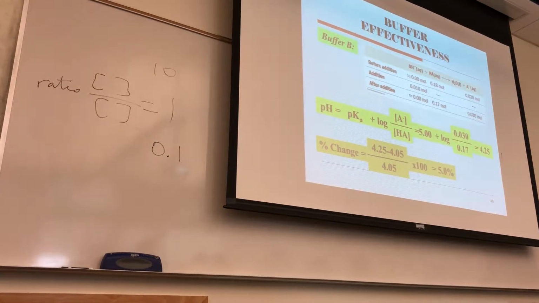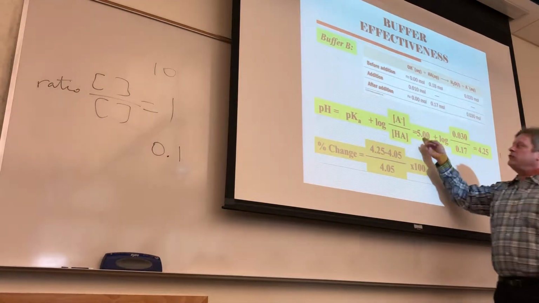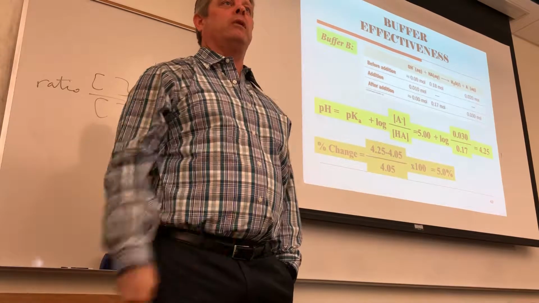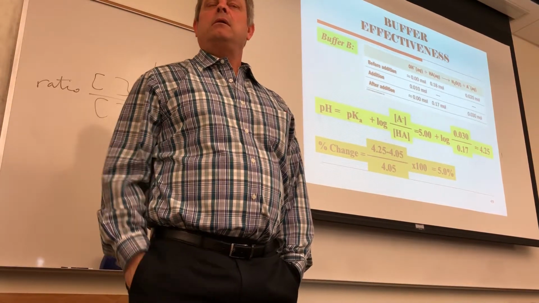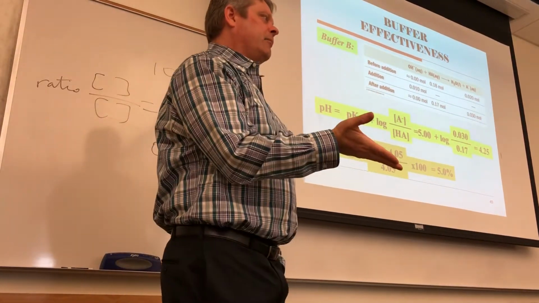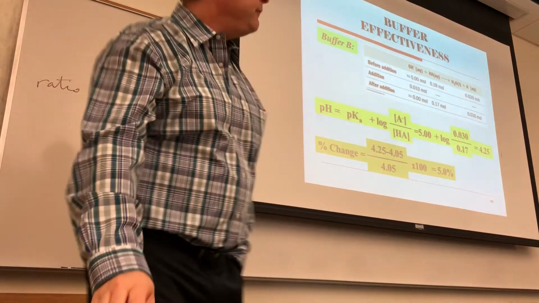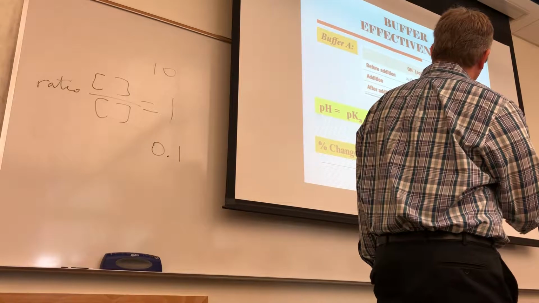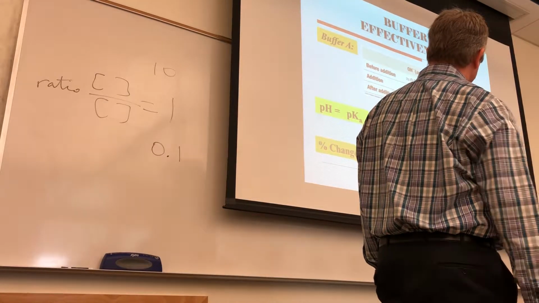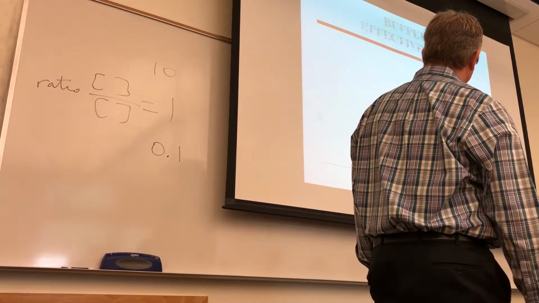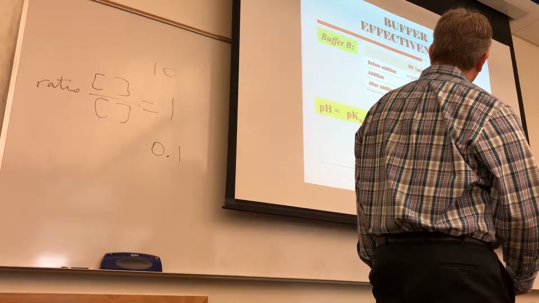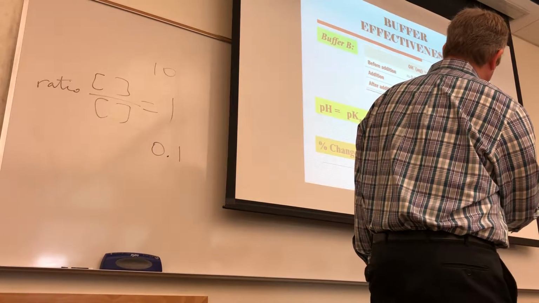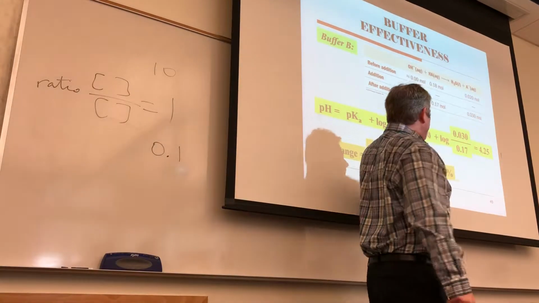So you may not have a buffer system that takes you to the pH that you want with the pKa, so you may not want to do a 1-to-1 ratio. If you want to bring it down some, a little more than the 1-to-1, so if you recall, the 1-to-1 ratio went to 5.09 here, right? That's a 1.8% change. This one goes to 4.25, it goes to 5%. I may have wanted this 5% change.